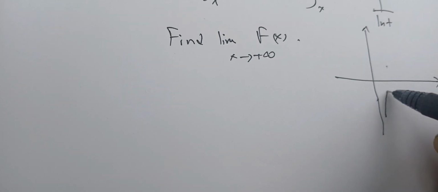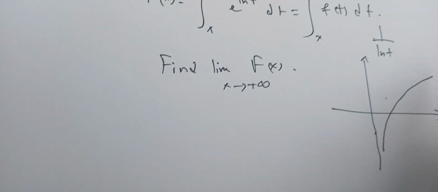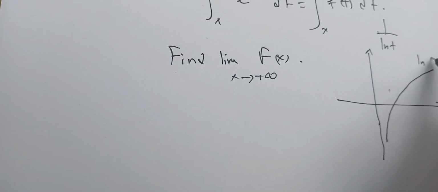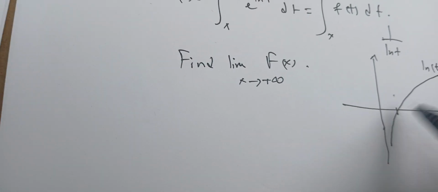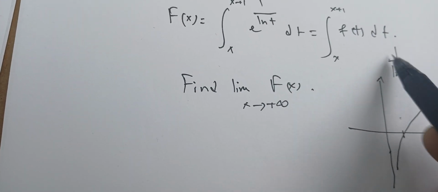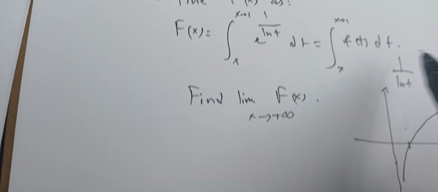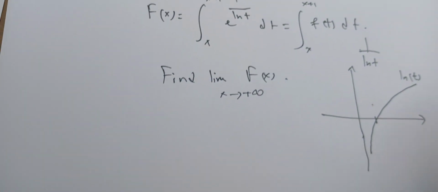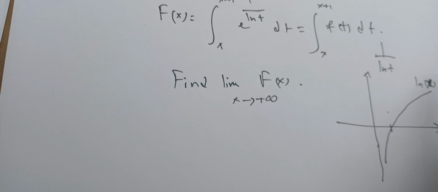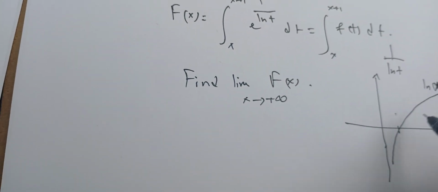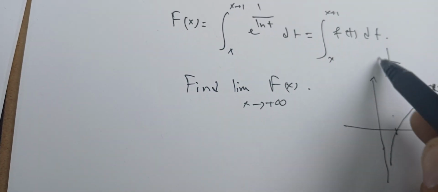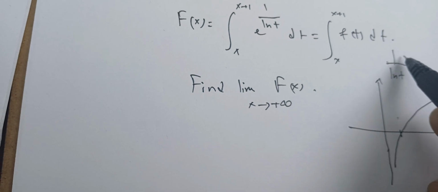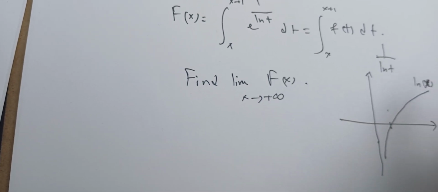The natural log: this is the natural log of some t. Since here we are just focusing on x being between 1 and plus infinity, let's call it x, because we don't want to confuse you. And we want to see how this one behaves between 1 and plus infinity.